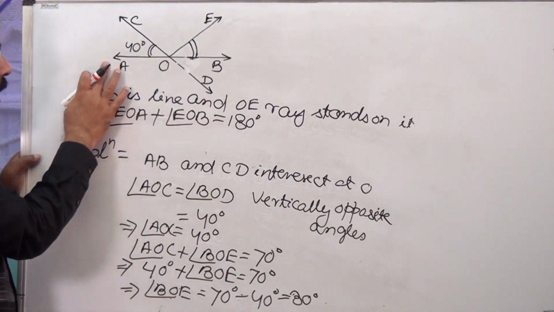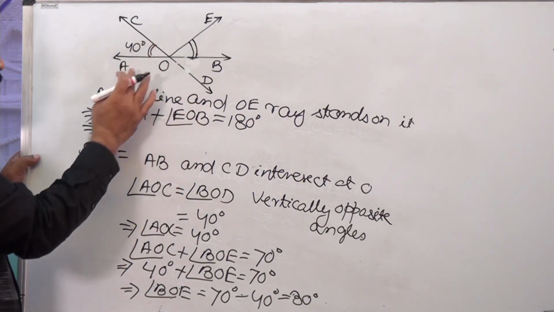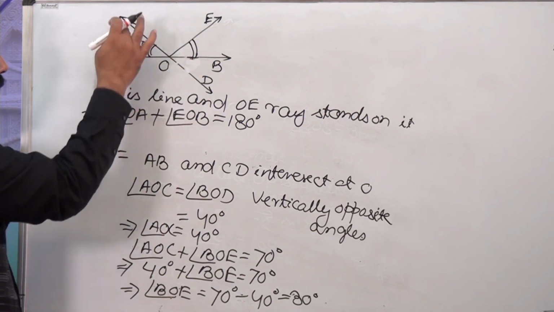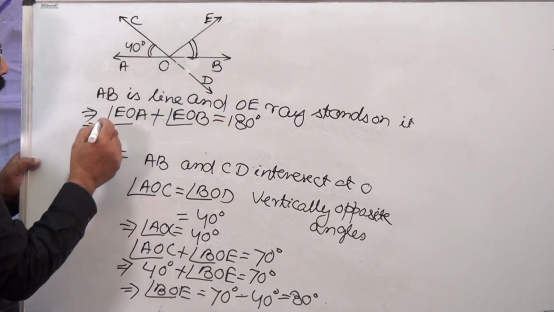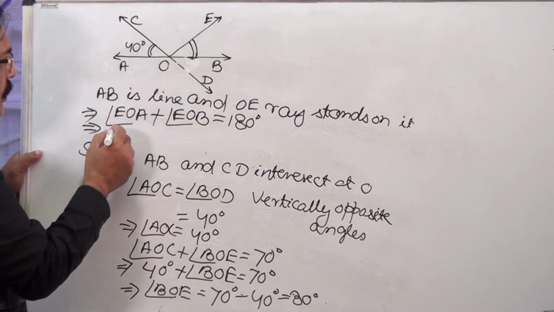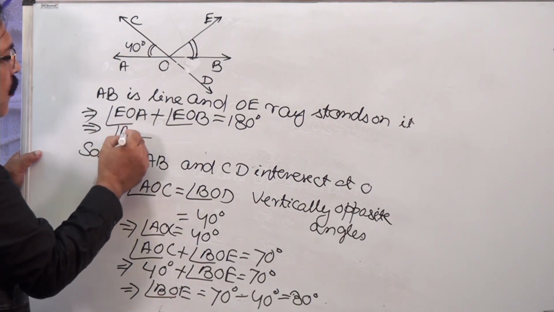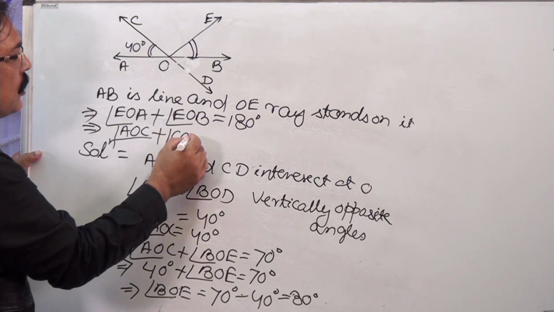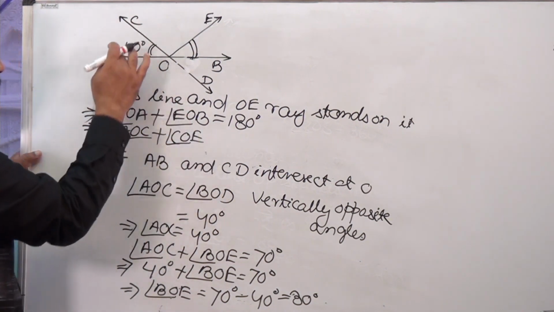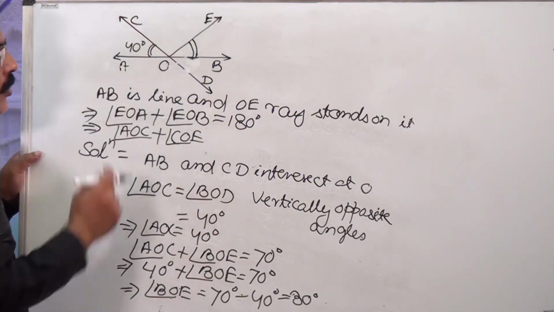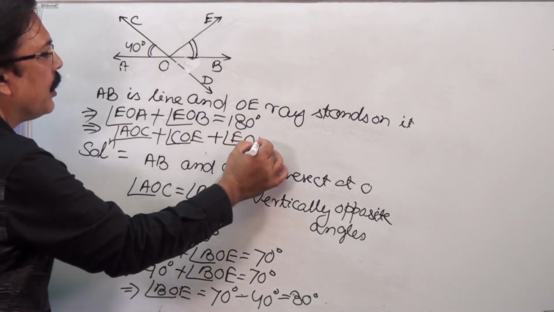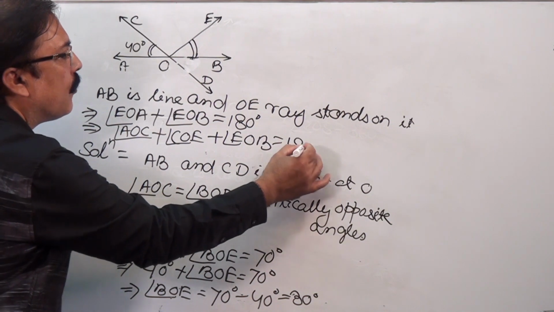This is formed by two adjacent angles, that is COA and COE. So we can write EOA as AOC plus angle COE. So AOC plus COE plus angle EOB is equal to 180 degrees.